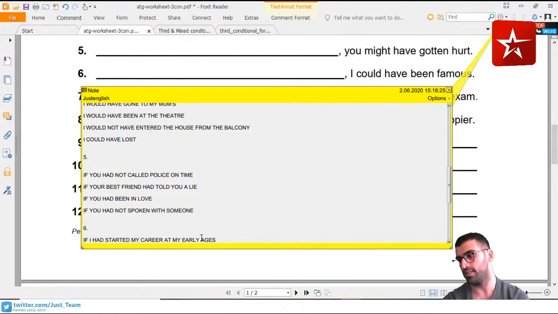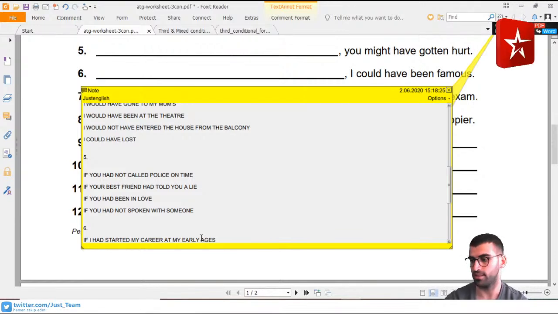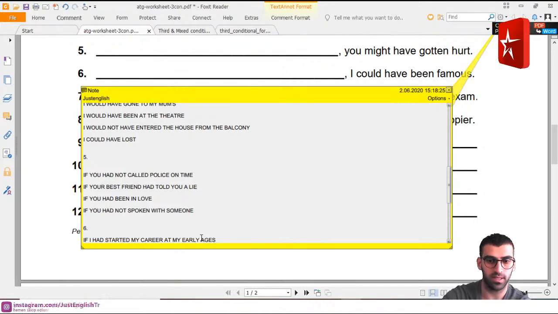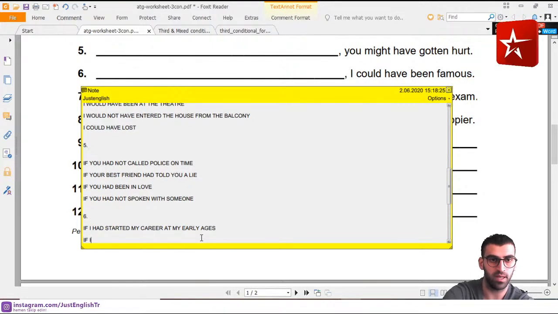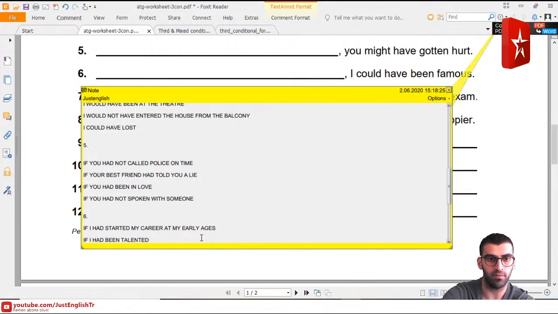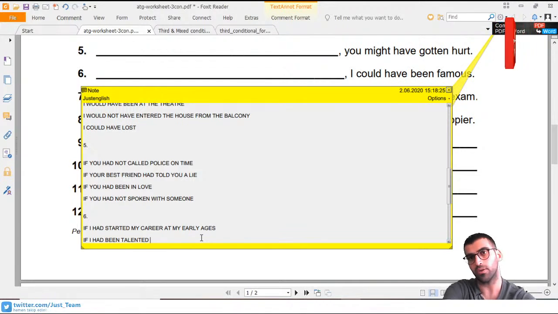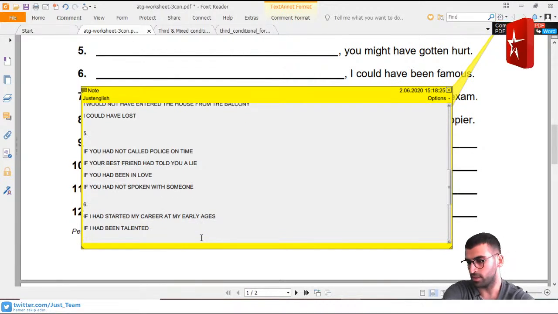Gülşah says, if I hadn't been talented, I could have been famous. If I had been talented, I could have been famous. That's a good idea, but we shouldn't use the negative form of past perfect. We have to use a positive form, if I had been talented.